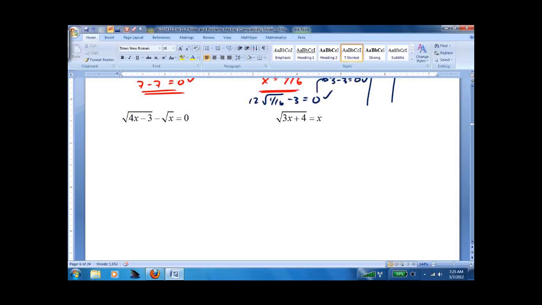This one's tough. Can't square radicals if they're both on the same side. You can, but it makes life very miserable.